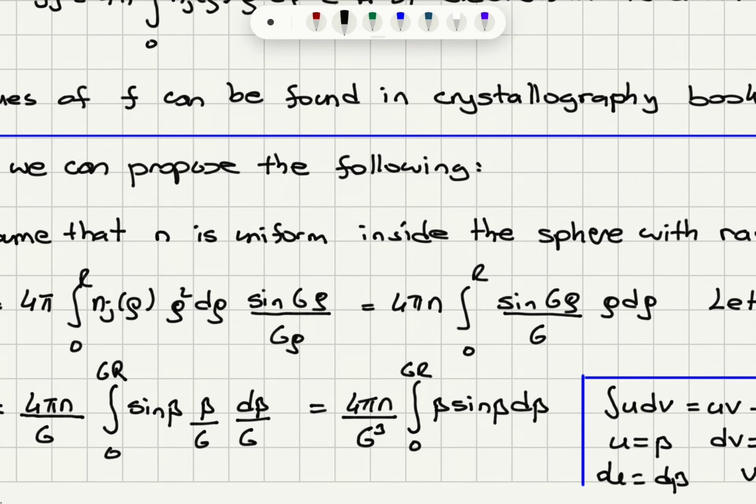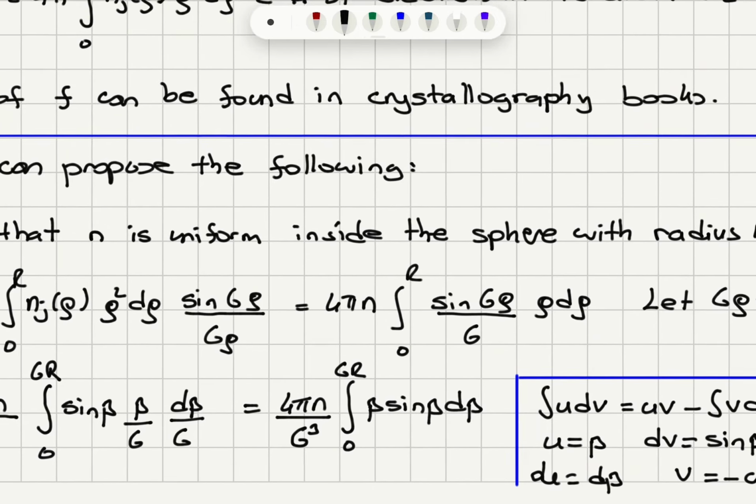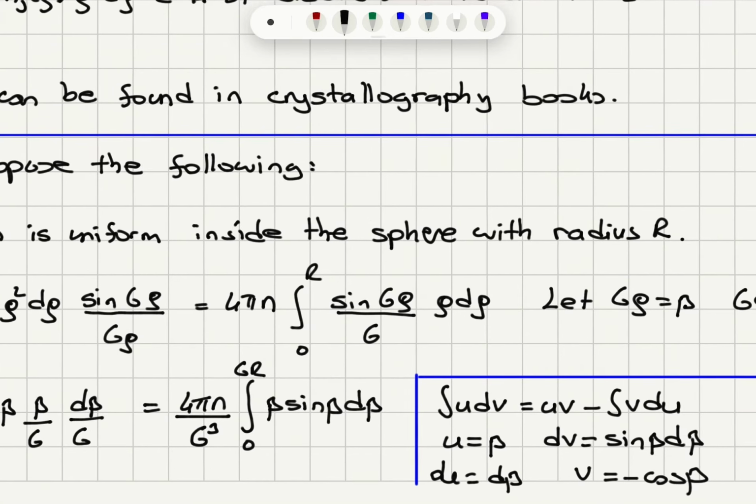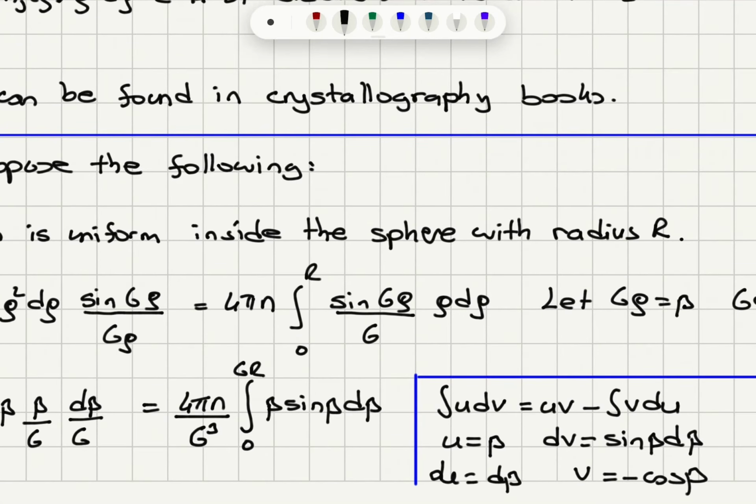So it's a uniform distribution. It's independent of the position. So it's 4 pi n, integral from 0 to r of sine g rho over g rho squared d rho, but rho squared and the rho in the denominator cancel, so I'm left with sine g rho over g rho d rho.